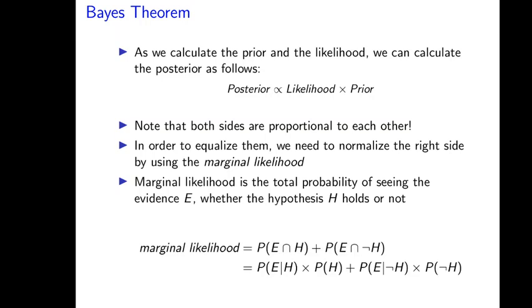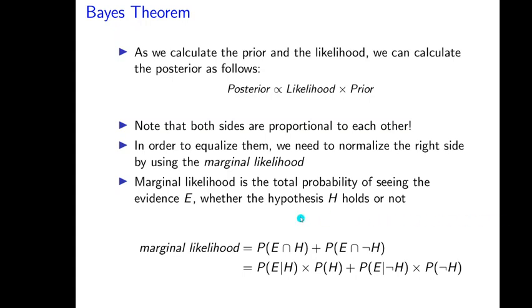We say that the marginal likelihood equals the probability of E intersect H plus the probability of E intersect not H, which means that it is the summation of the probability that the evidence and the hypothesis occur plus the probability that the evidence and the complement of the hypothesis occur.